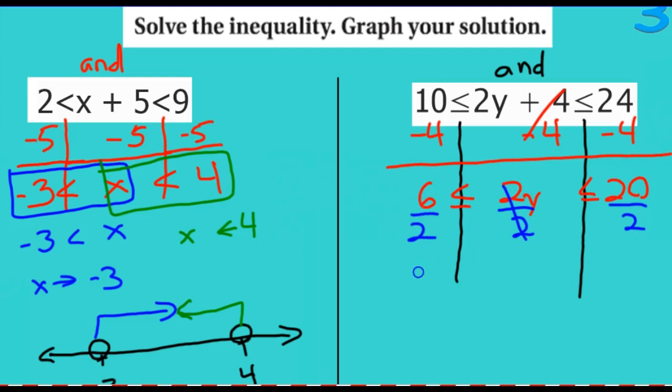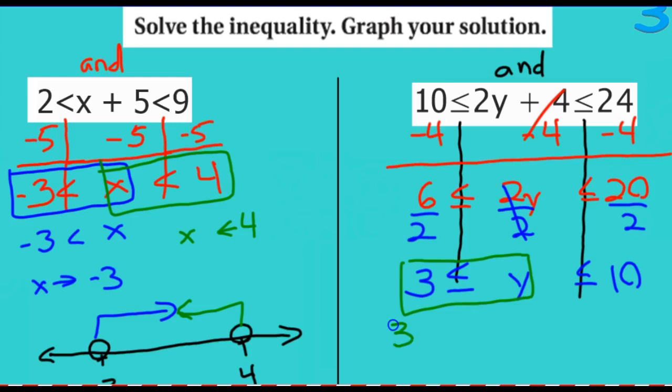So 6 divided by 2 is 3, which is less than or equal to y, which is less than or equal to 10. So if we separate these, we'll have 3 is less than or equal to y, and we'll have y is less than or equal to 10.